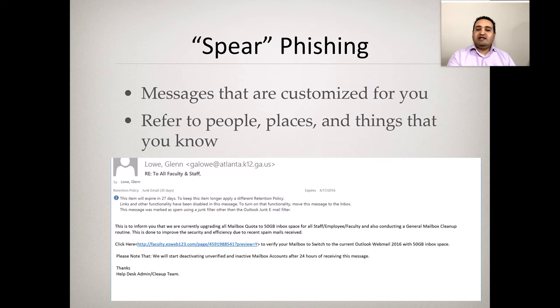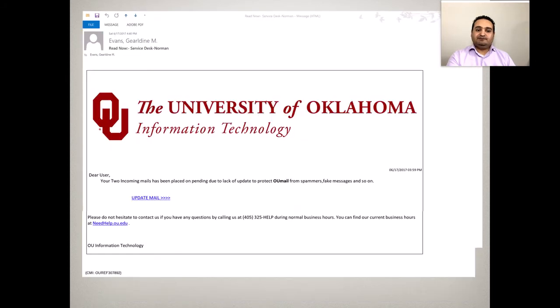Another example of phishing is called spear phishing, which is customized emails or fake emails or websites that are targeted at you. For example, since you are an OU student, it will be targeted at you as an OU student. So it is very customized to you. That's what we mean here by spear phishing.